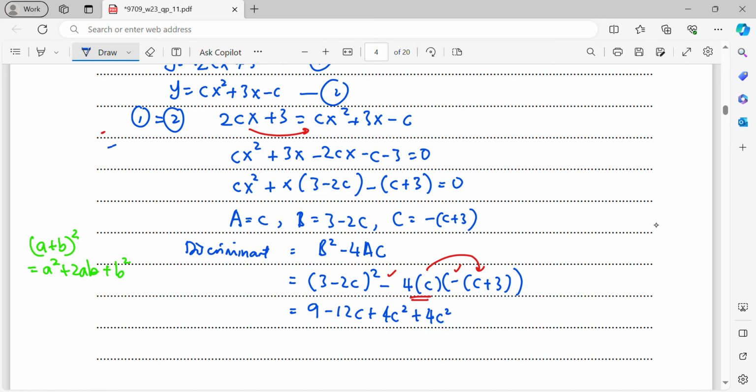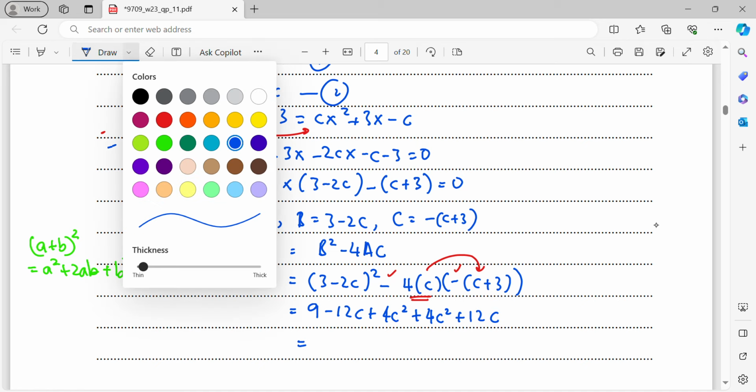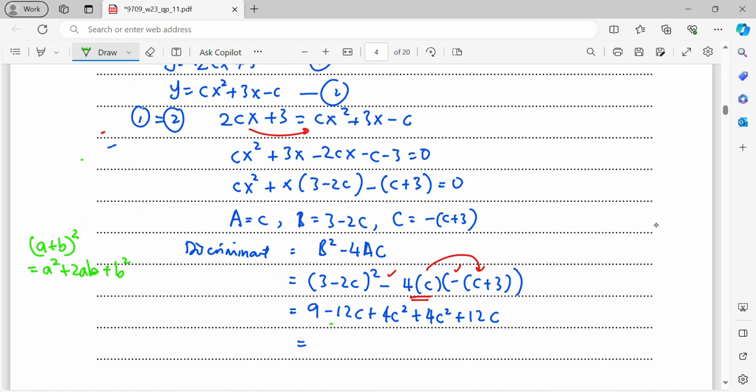Then 4c multiplied by 3 will be 12c. Now I have to simplify. Negative 12c and 12c will cancel off. That means the total of 4c squared and 4c squared will be 8c squared, together with plus 9.